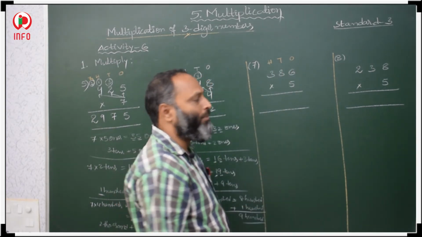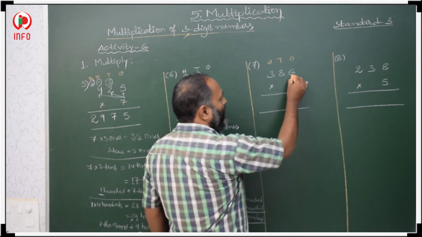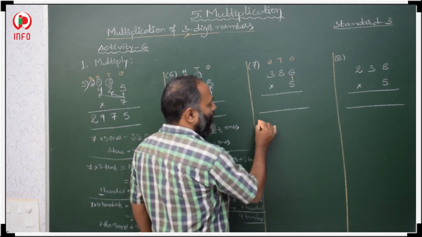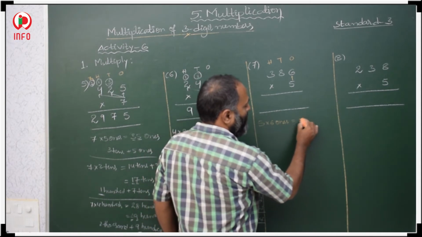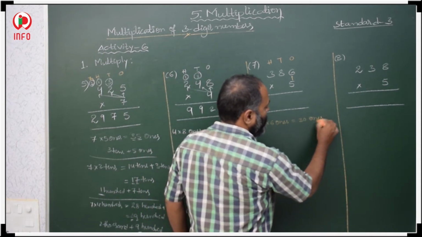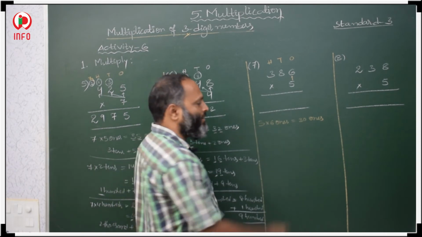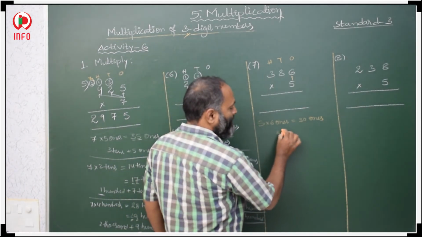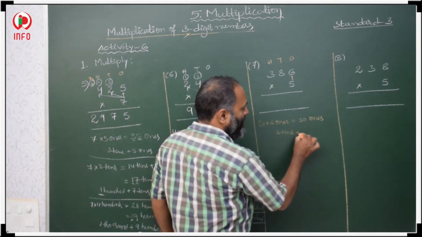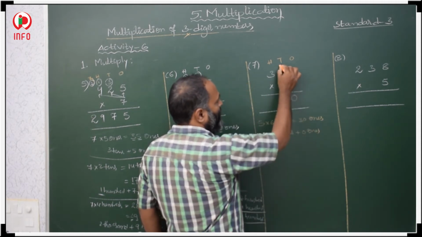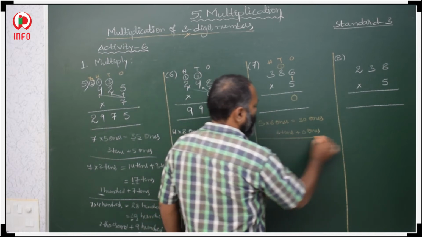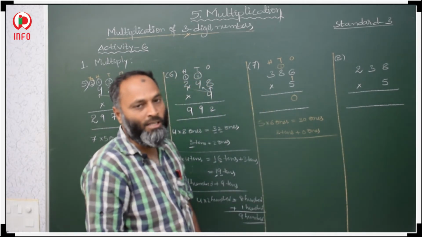First we have to multiply 5 with 6 ones. 5 6s are 30 ones. 30 ones means 3 tens 0 ones, so 0 in ones place and 3 carry over on tens place. Multiplication with 1 is over.